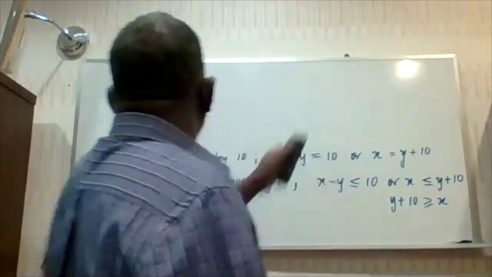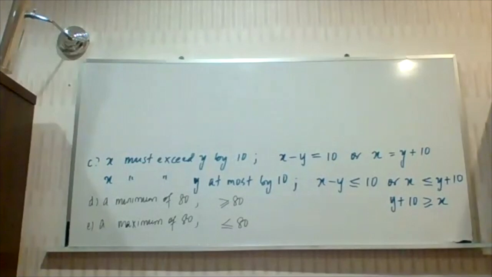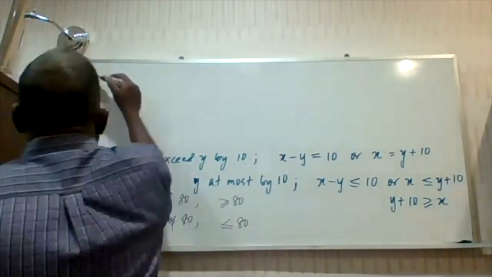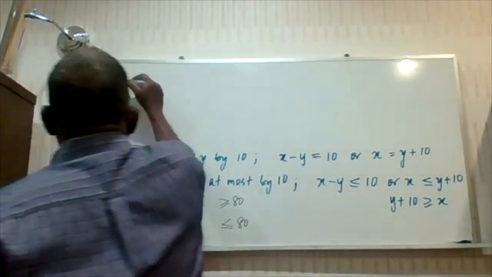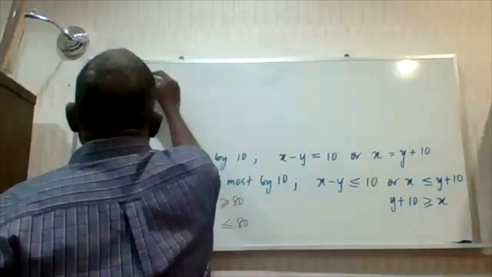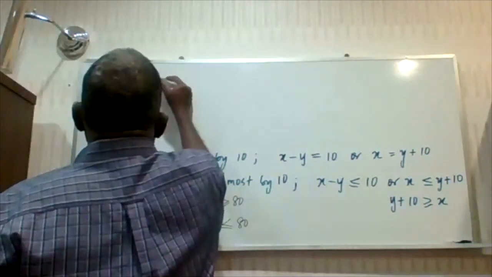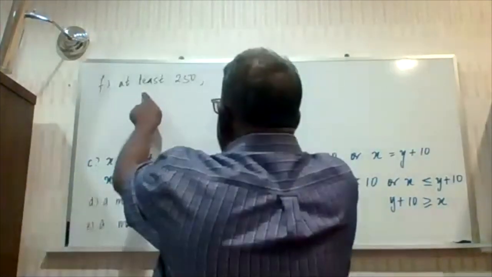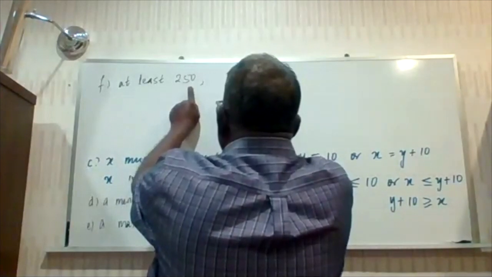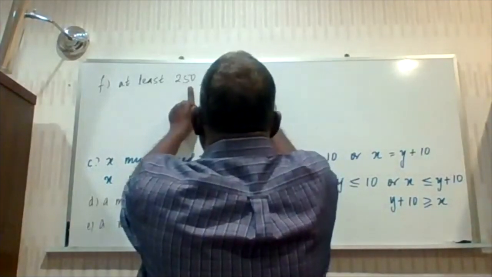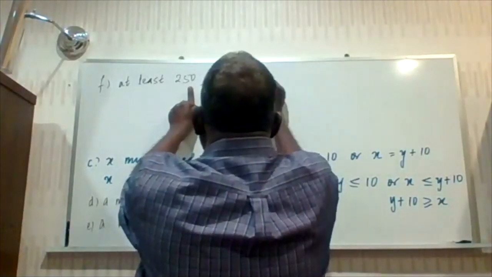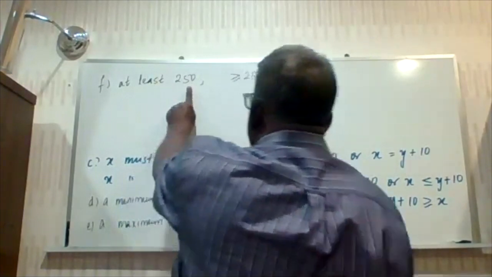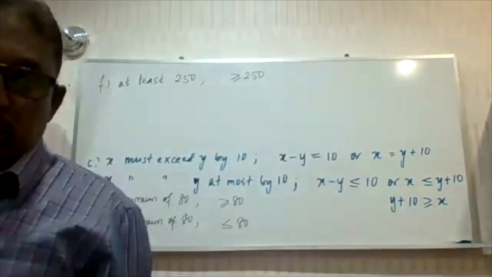Now let's go to the next one. The next one is at least 250. If they give you this phrase, at least 250, what does that mean? That means the least number is 250. Because the smallest is 250, it has to be 250 and more.